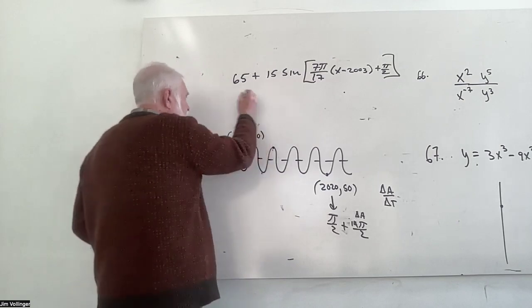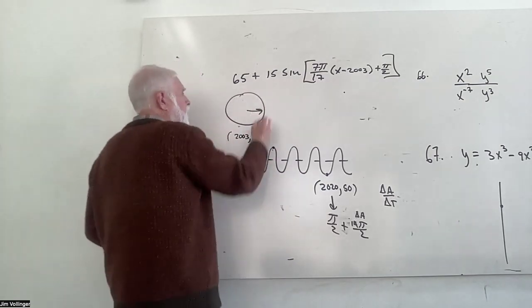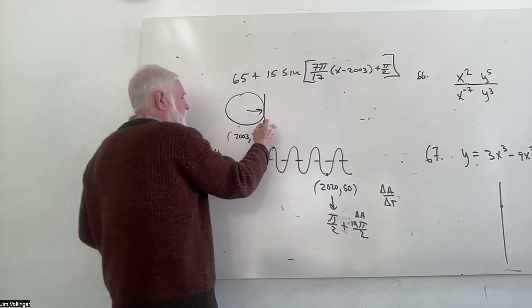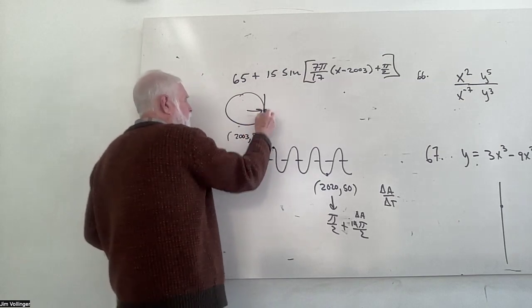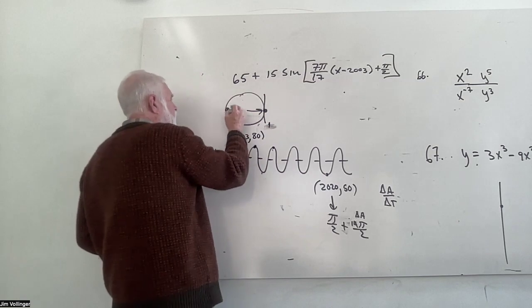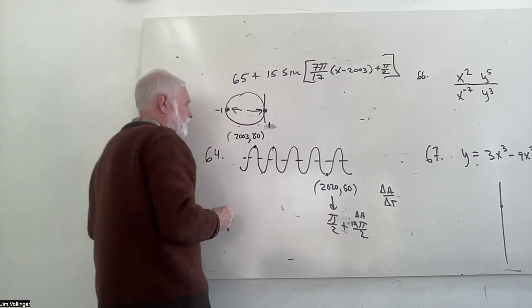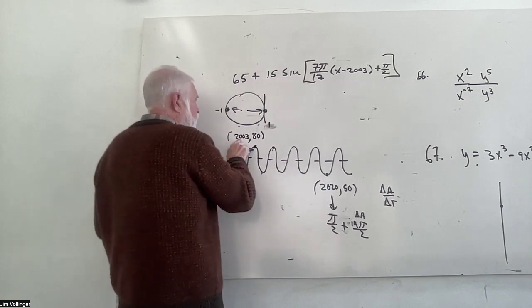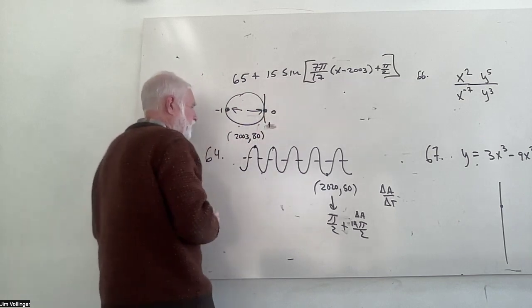Now the cosine measures width. And widths are horizontal distances, maximum on the right, 1, minimum on the left, -1. So if I want to write this as a cosine function, I want 2003 to act as 0 radians.